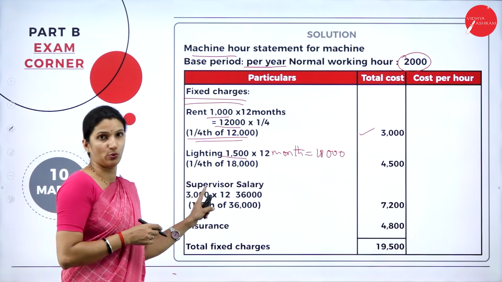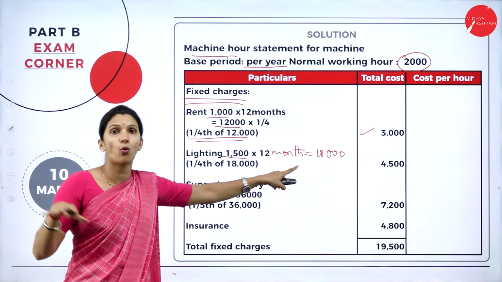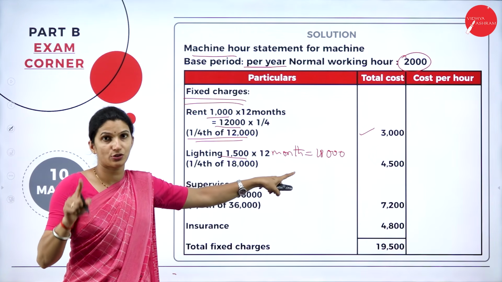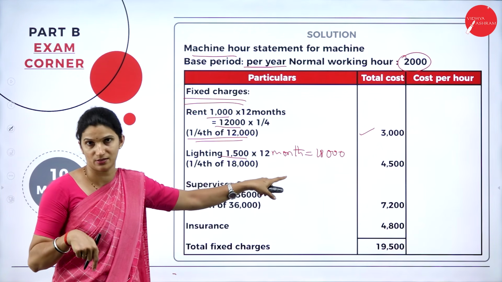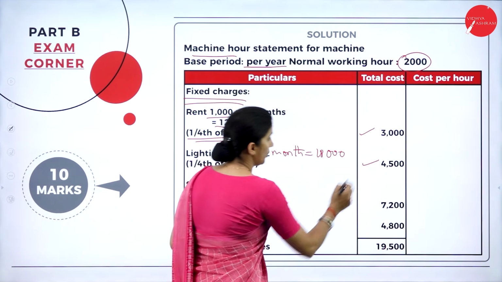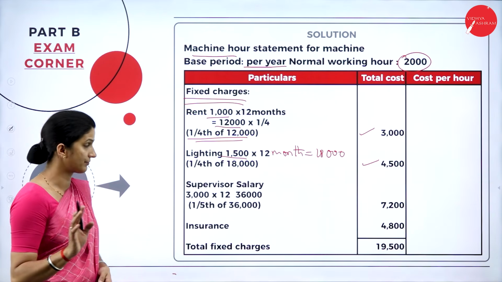That is 1/4. The lighting, 18,000, is paid for the whole factory, and in that factory 1/4 of the space is occupied by this machine. So 18,000 into 1/4 we will get 4,500. So the lighting charges we have taken.